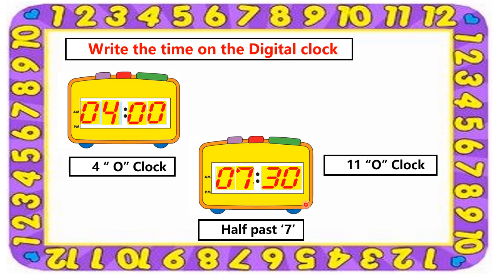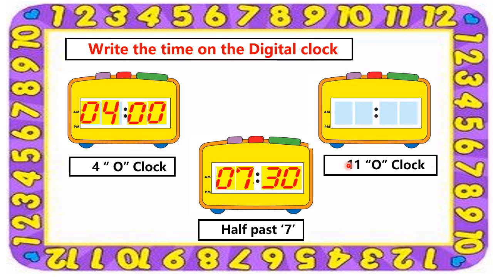And here we have another question, 11 o'clock. How can we write 11 o'clock on our digital clock? First we write 1, then again 1, it's 11.